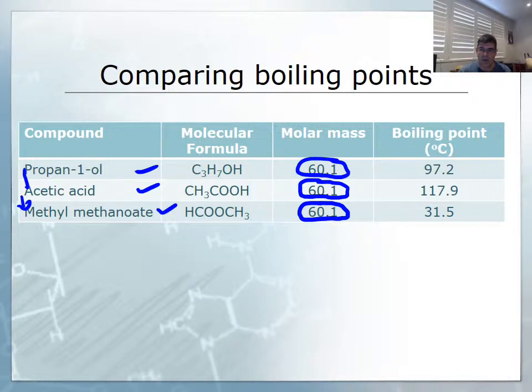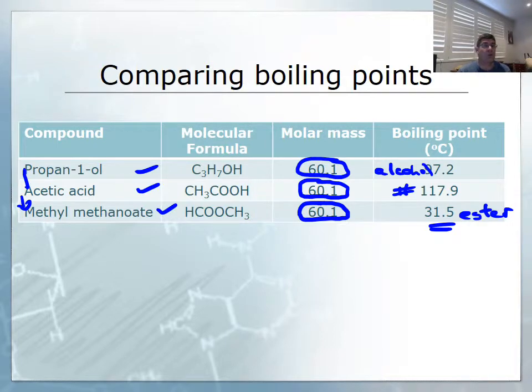And yet, when we look at the boiling points, we find that the ester is considerably lower than the acid and the alcohol. So, how do we explain that?